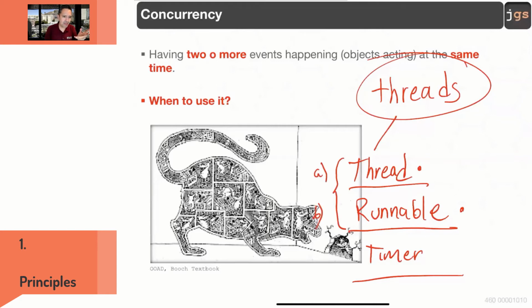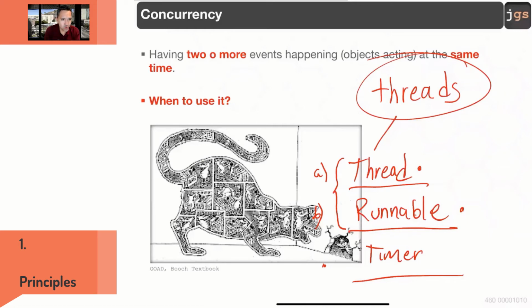Option three, the easy one, not the bad one, but a really easy one, a Timer. A Timer is a thread, a particular thread that is going to be doing something every period of time. That is what we did with the ghost.